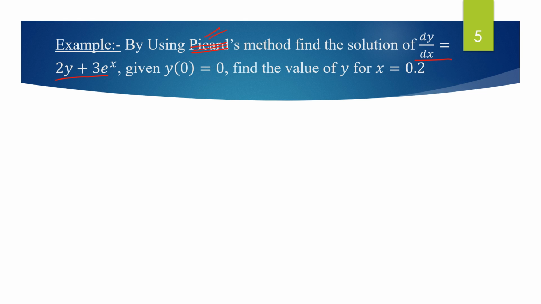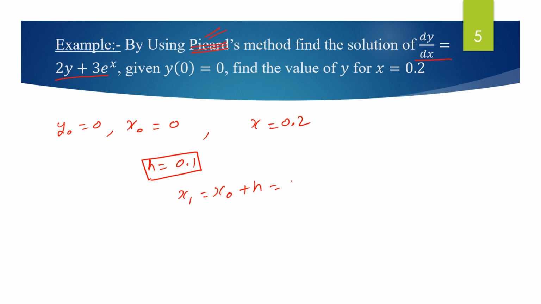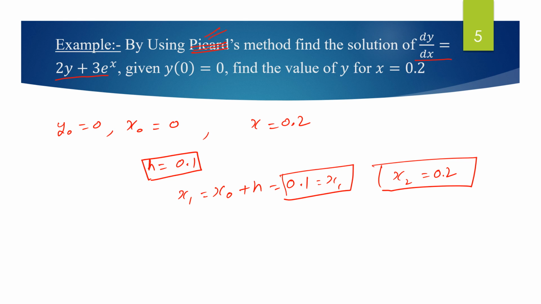So y0 is 0, x0 is 0, and you have to calculate for x is equal to 0.2. If you take h is equal to 0.1, that is sufficient. Then x0 is 0, x1 is equal to x0 plus h, that is 0.1, and finally x2 will be 0.2.